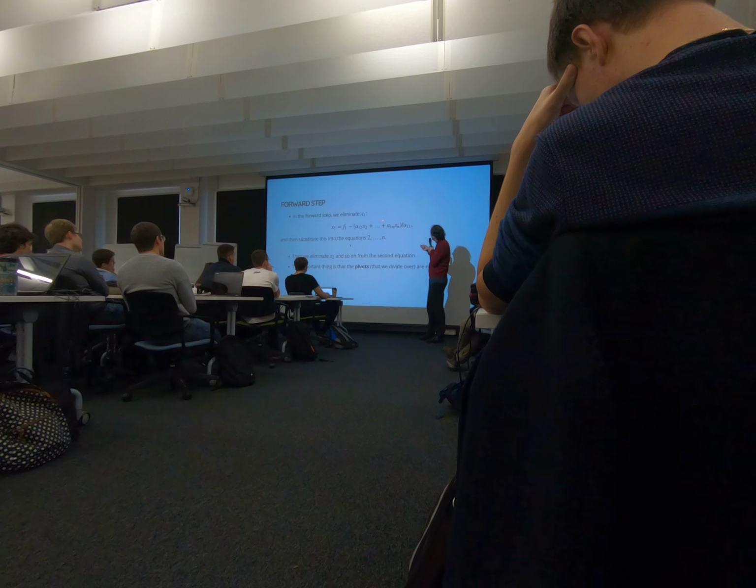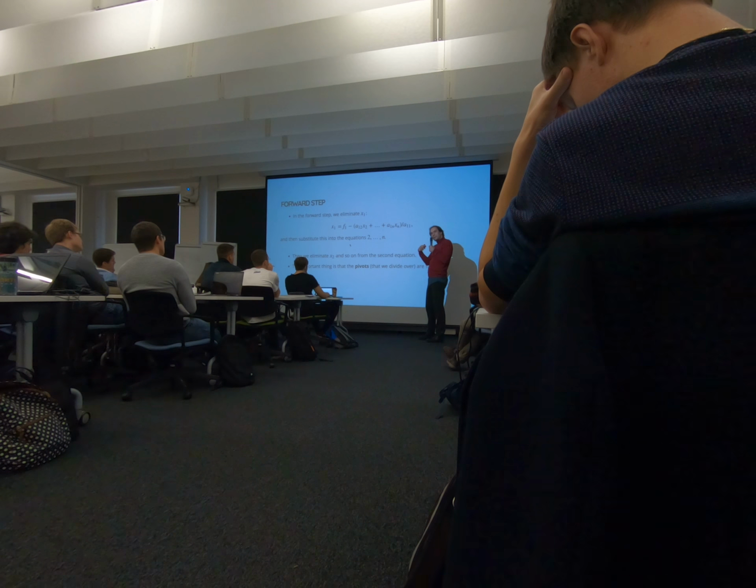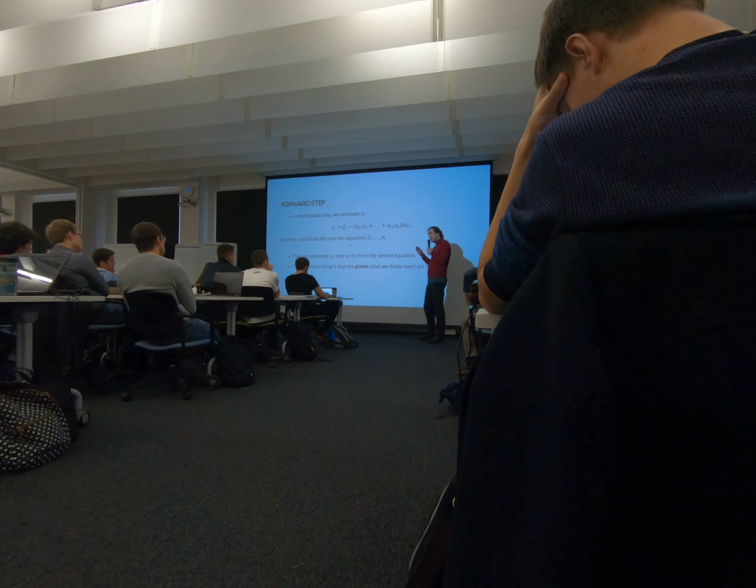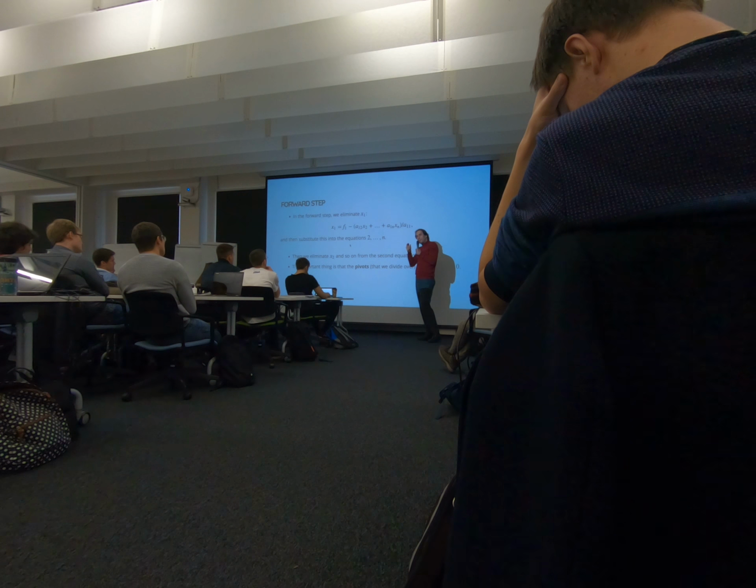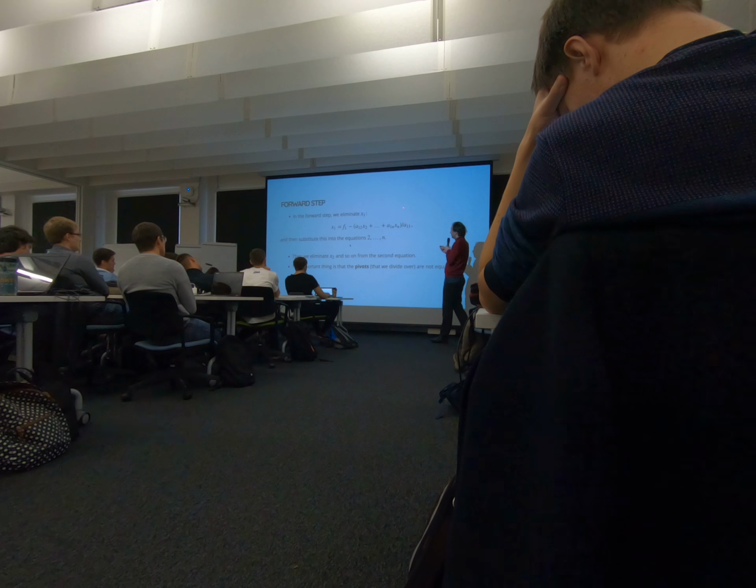However, this error can accumulate. In the worst case, the error may grow by a factor of 2 to the power n, where n is the size of the matrix. So the worst case is quite harsh, but it's very rare that this case is encountered. So yeah, there is an interplay.